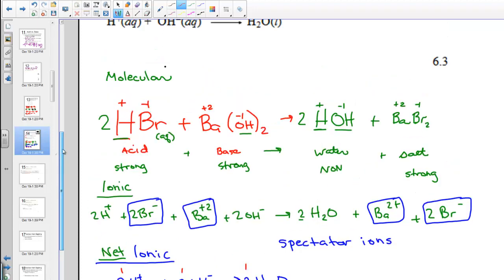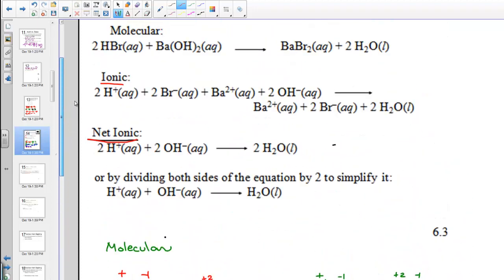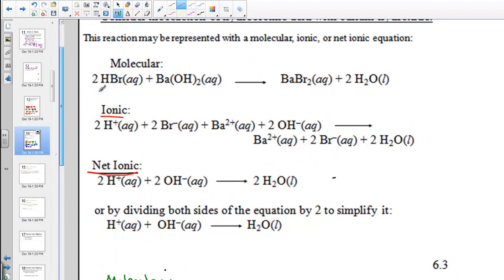And that's exactly what this slide did for us, but it allowed us to go through step by step. The molecular equation shows the acid and the base forming the salt and water. We broke it apart in dissociated form and then showed those spectators here, the bromides remaining constant, the bariums remaining constant.